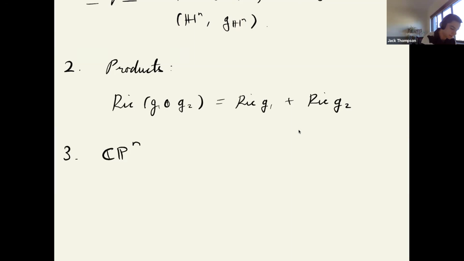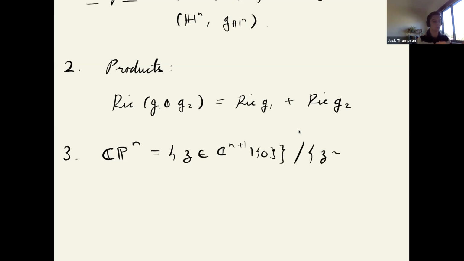For those that don't know the complex projective plane, it can be defined to be the complex numbers in C^(n+1) minus 0, where we quotient out if the complex numbers are scalar multiples of one another.